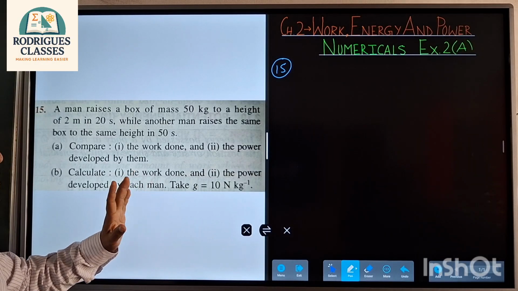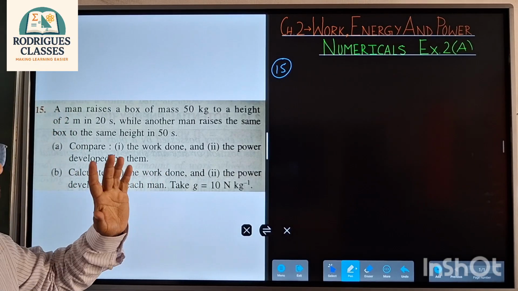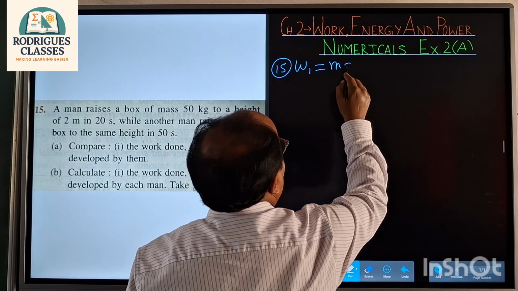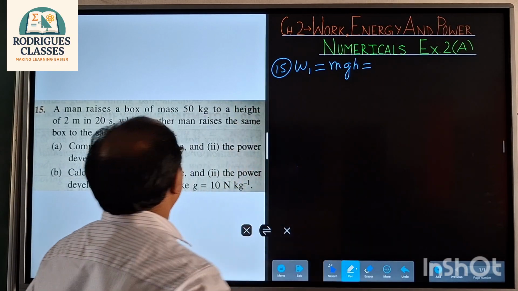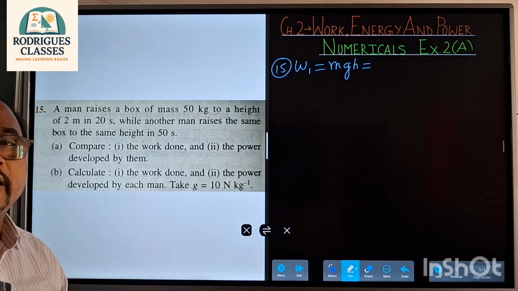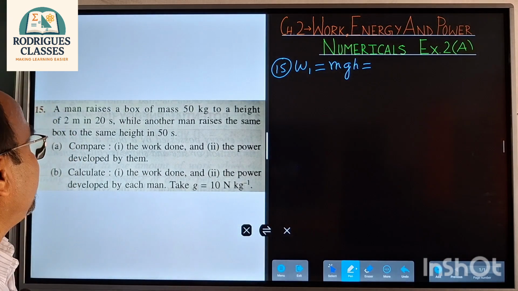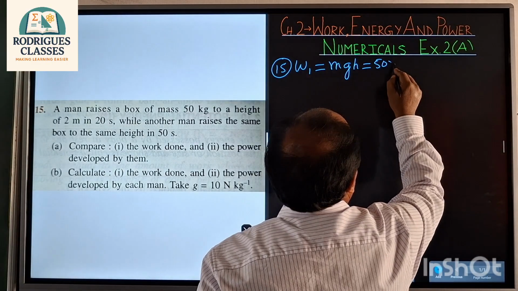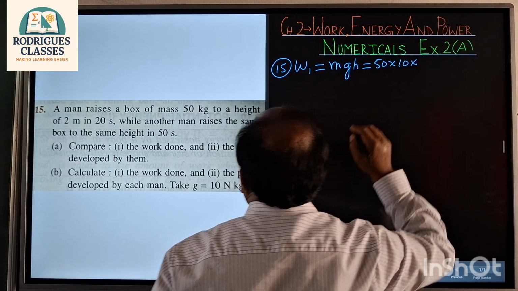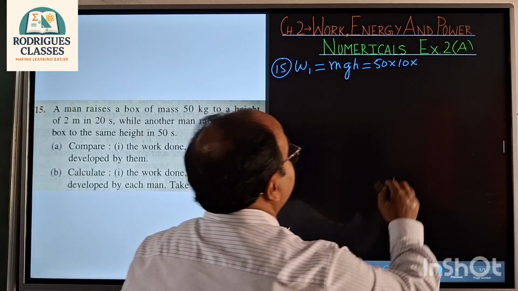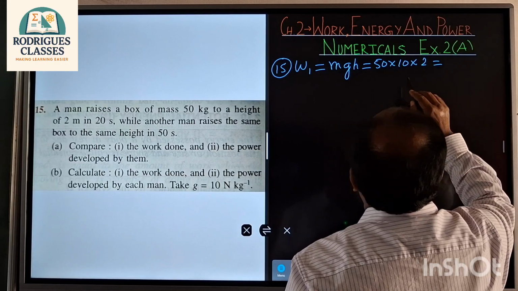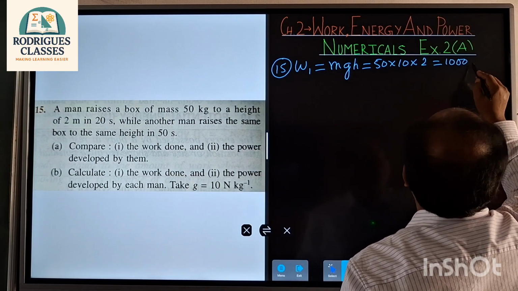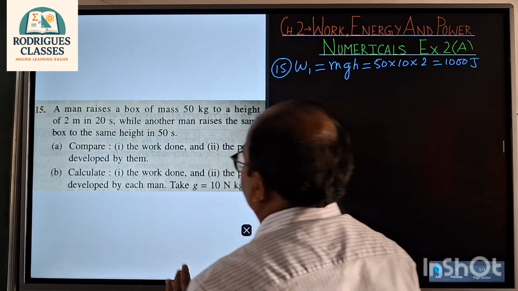Okay, so work done here for the first person, I am writing it as W1, and we will be using mgh because the things are being lifted, so we can find the work done due to the force of gravity. For the first one, the mass is 50 kg. g, they have asked us to take it as 10, and the height is 2 meter. So 5 2s is 10 and then 2 zeros, so that much joule is the work done by the first one.